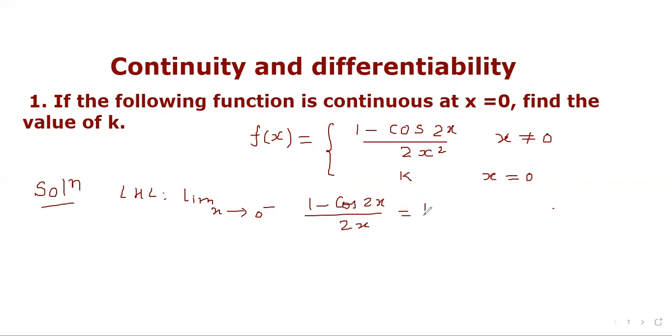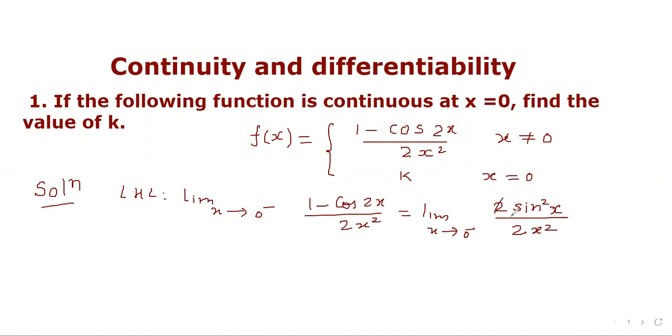So here we write limit x tends to 0 minus, and instead of 1 minus cos 2x, we write 2 sine square x divided by 2x square.